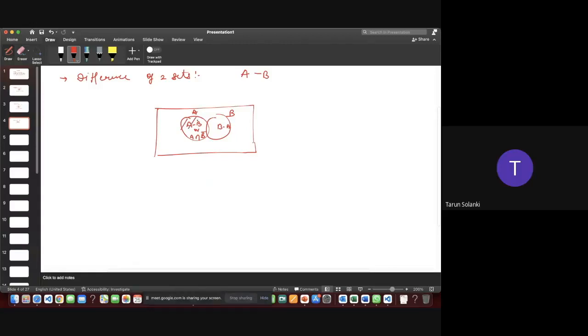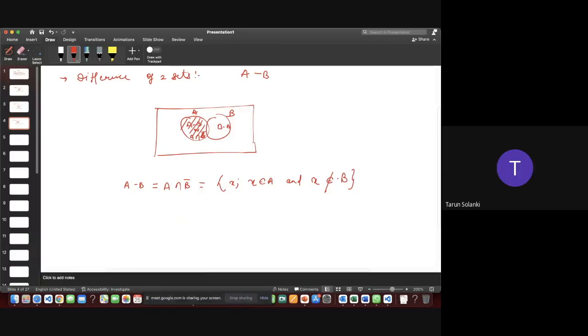That means only this part, which will not contain this. Okay. So we can write A minus B is A intersection B bar, equals {x : x belongs to A and x does not belong to B}.